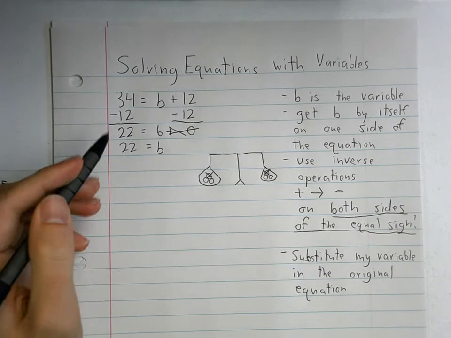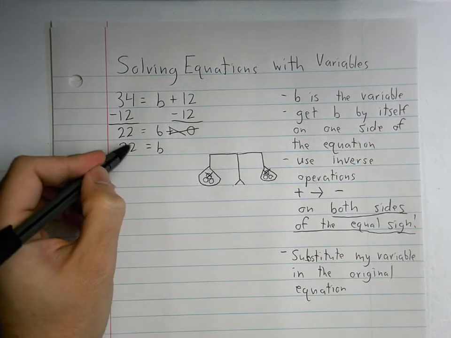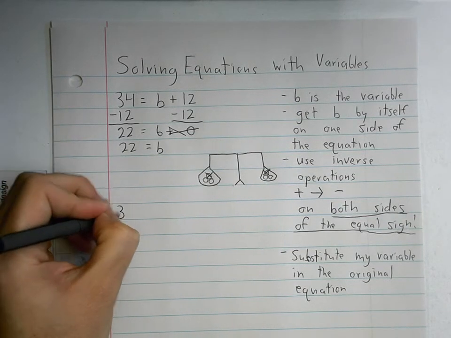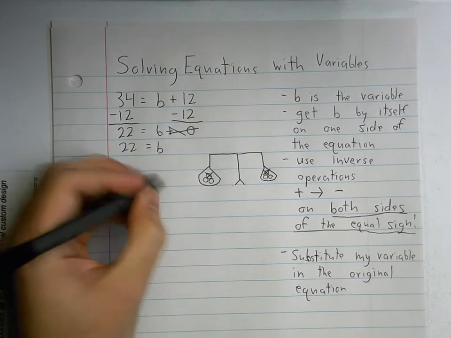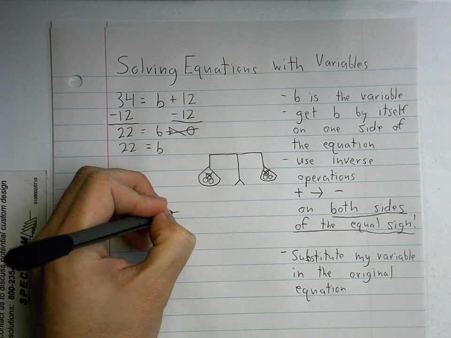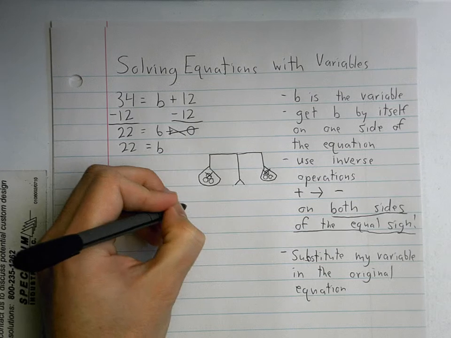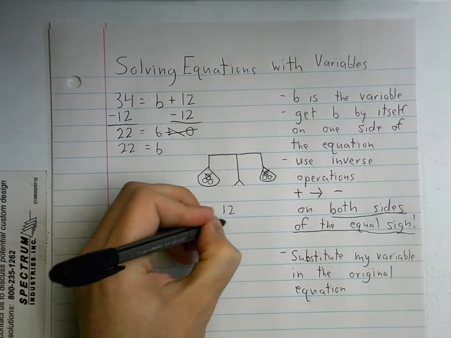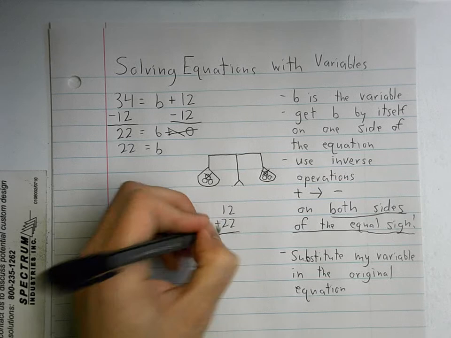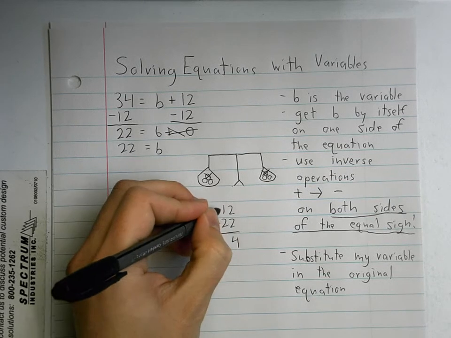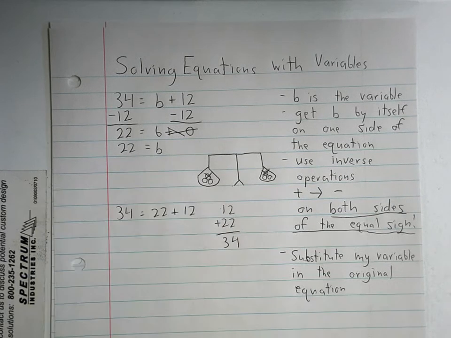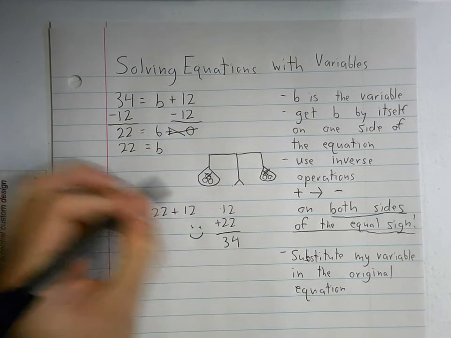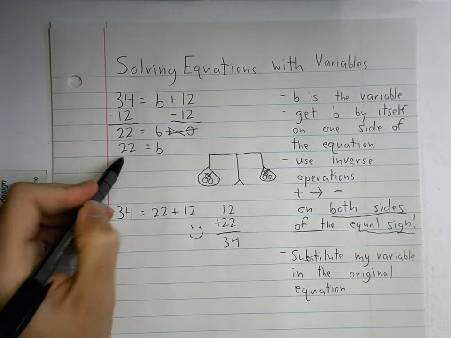So when I have 22, I'm going to put 22 back up here in my b. So I'm going to go 34 equals 22 plus 12. Okay. And I'll stack them up just to make sure. 2 plus 2 is 4. 1 plus 2 is 3. Is it the same? Sure is. So that's how I know my answer up here is right.